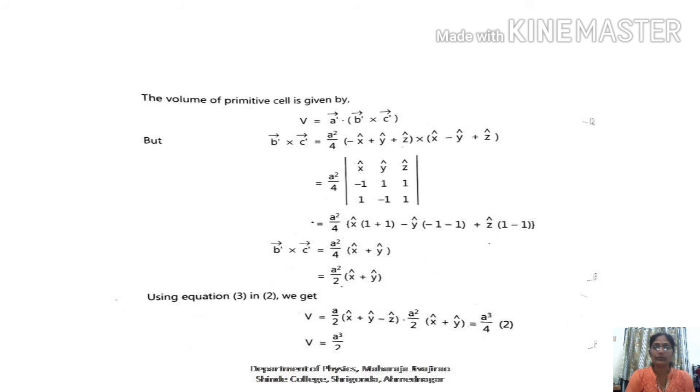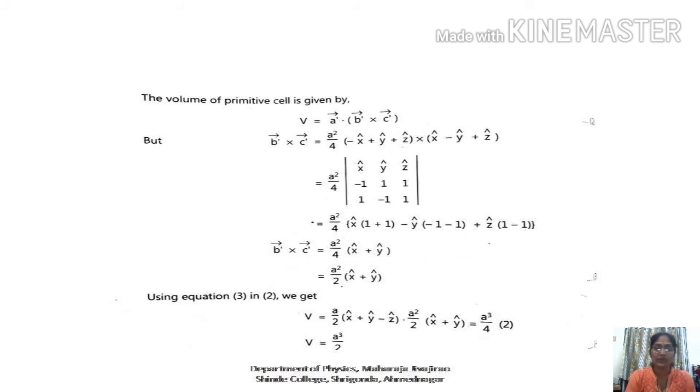Now again moving towards the volume. Volume is nothing but A dash dot B dash cross C dash. We know the value of primitive translational vector A dash. Here its value is a by 2 into x cap plus y cap minus z cap, into, just now we have found the value of B dash cross C dash, its value is a square by 2 into x cap plus y cap.